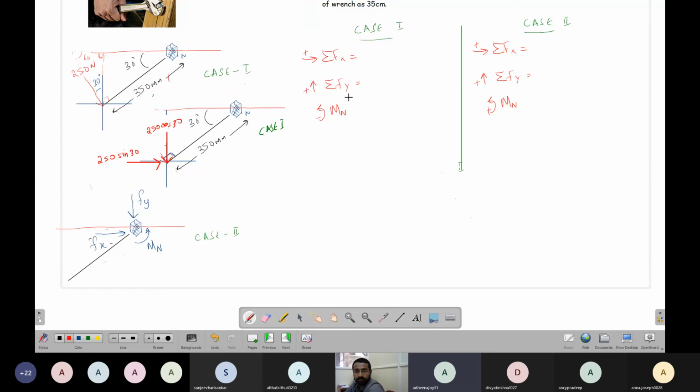Horizontal directional force 250 sin 30. Plus or minus? Plus. Y directional force, minus 250 cos 30.